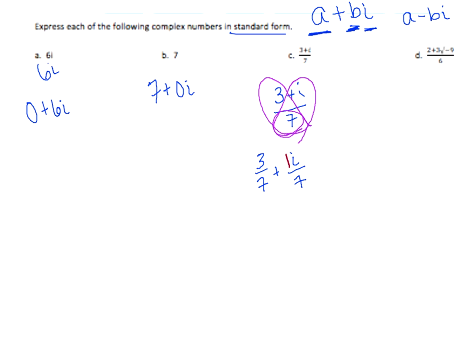So since the variable, in this case i, is in the numerator, I can pull that fraction off and rewrite this complex number as 3/7 plus 1/7 i. Now it's in the form of a plus bi, real plus coefficient imaginary unit.